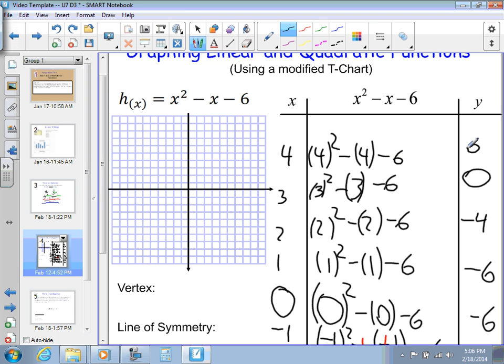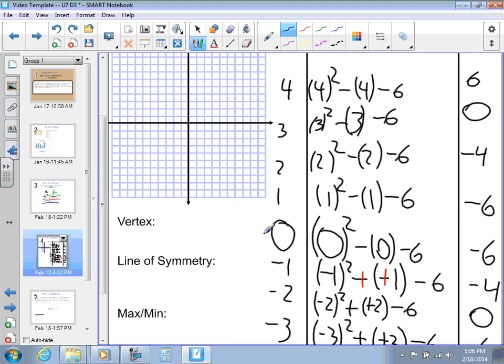Okay. So let's take a look at what we have here thus far. If I look at this, at both 0 and 1, I have a negative 6. At 2 and negative 1, I have negative 4, so there and there.